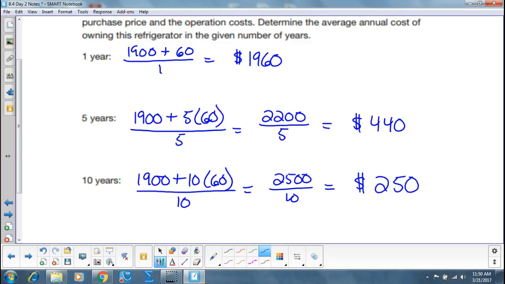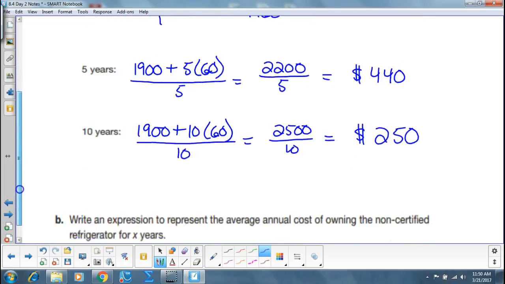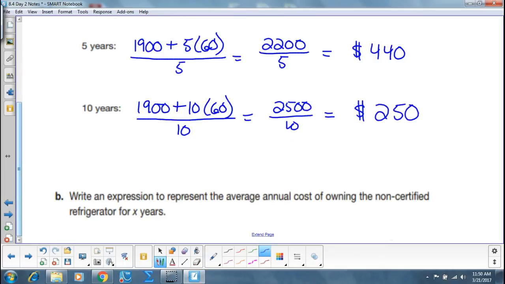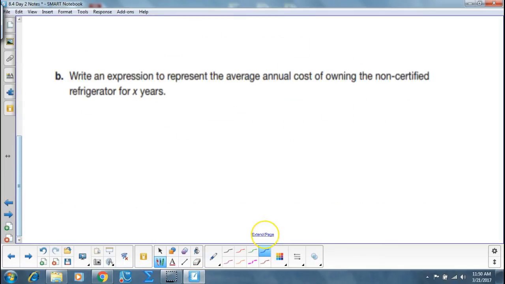Over the course of that lifetime, it's cheaper for me to get the Energy Star one, right? Yeah. Okay. So let's write an average cost of owning that one. So that average cost is going to be 1900 plus 60x divided by x, right? Okay.